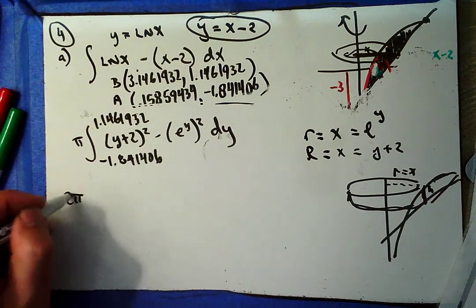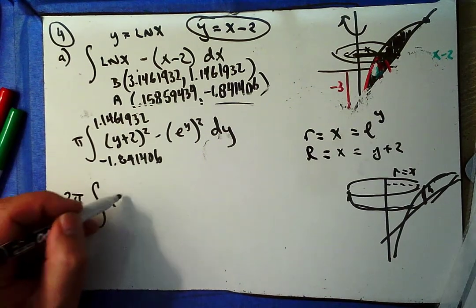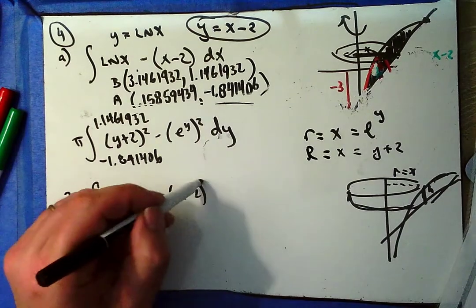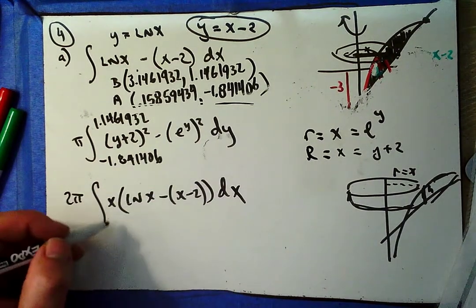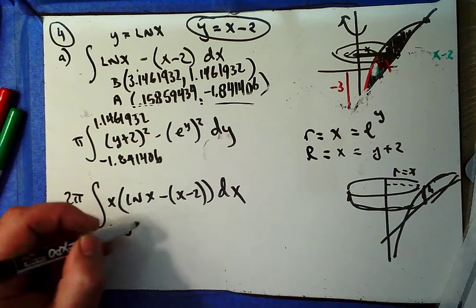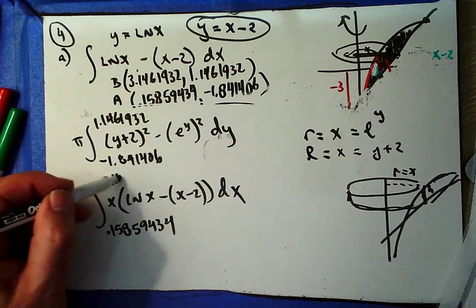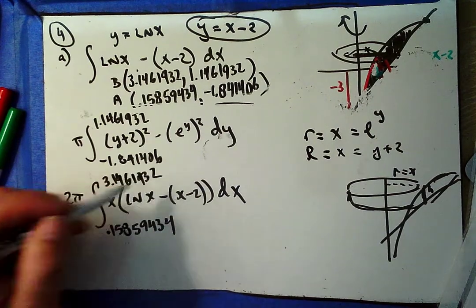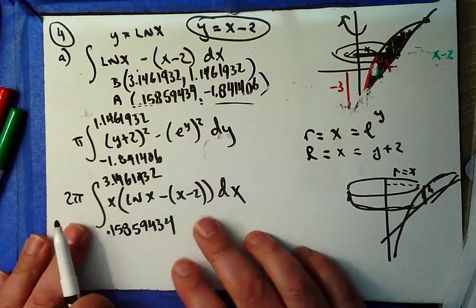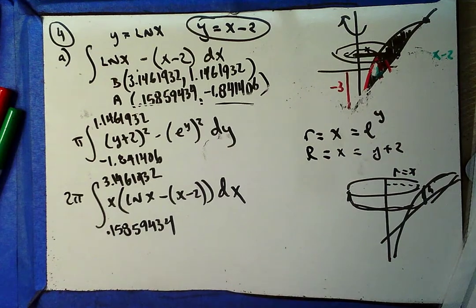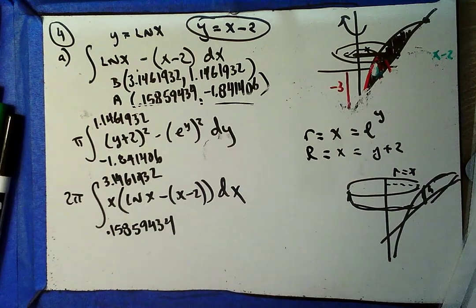So 2 pi radius x, top minus bottom, ln of x minus 2 dx, and these are x's, so I'm going from 0.1585934 to 3.1461932. All right, I find that much easier on my brain than trying to write this dy integral up here. But you know, you do you. As long as we get the same one of these integrals, I'm a happy camper because I know you're going to be getting those 3 points.